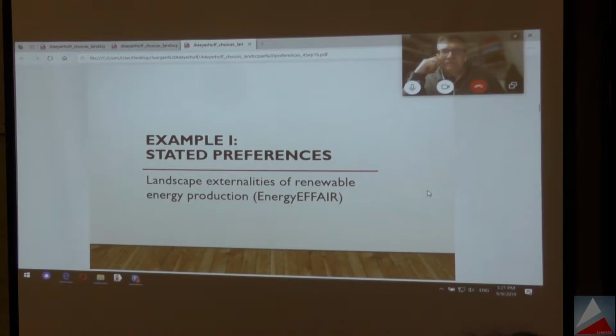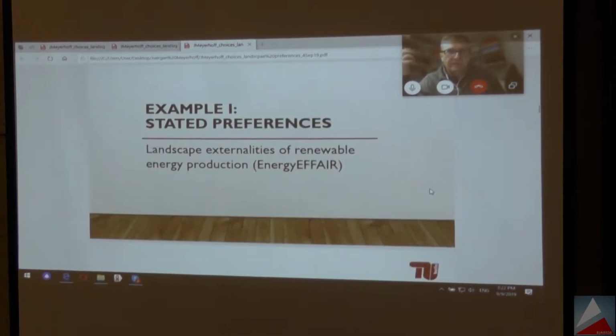This was about renewable energy production in Germany and what type of externalities on the landscape arise when you think, for example, about turbines or very large-scale solar panels. Then people might not like that because they disturb the visibility of the landscape, or they ignore it because they are close to their place of residence.